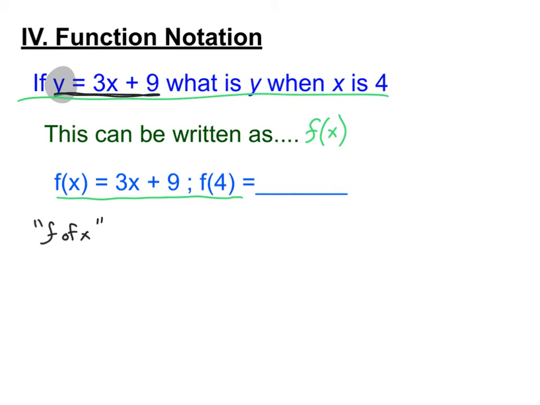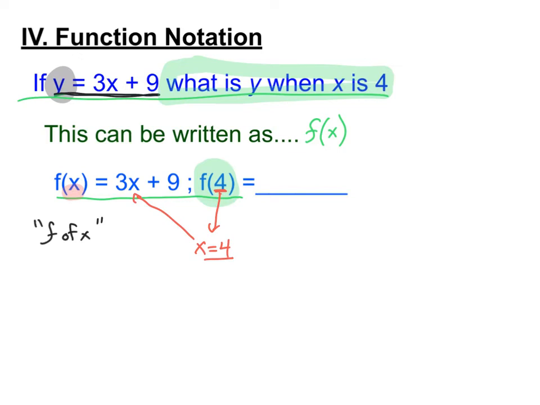So when I'm looking at f of 4 here, f of 4 simply means what is y when x is 4? Okay, so take a look. Notice I had f of x. It's now f of 4. So really what that means is that x equals 4. So I'm just going to take 4 and plug it in for x.